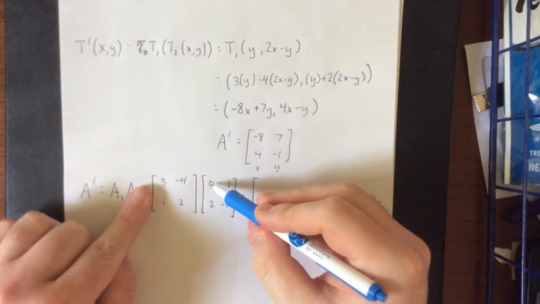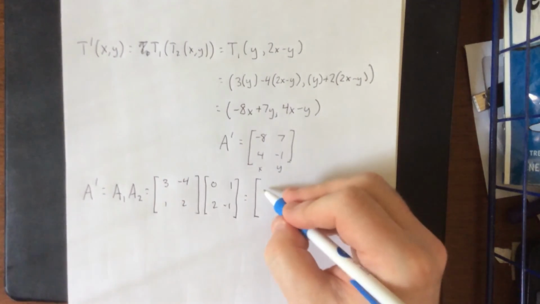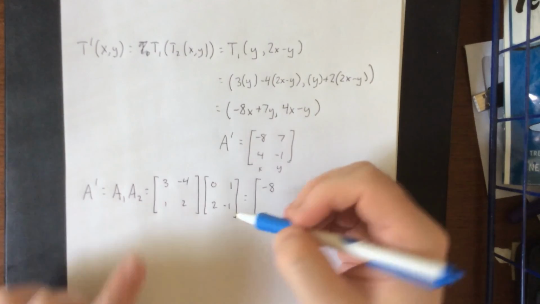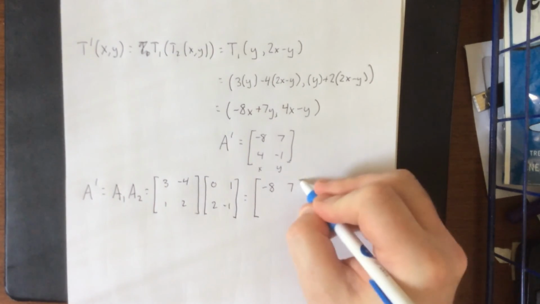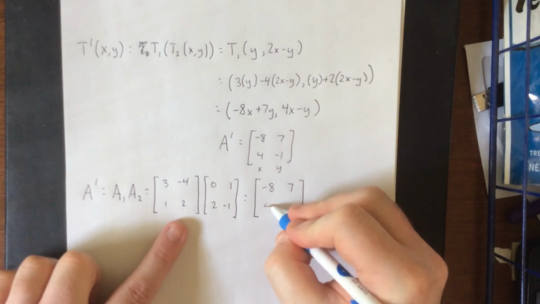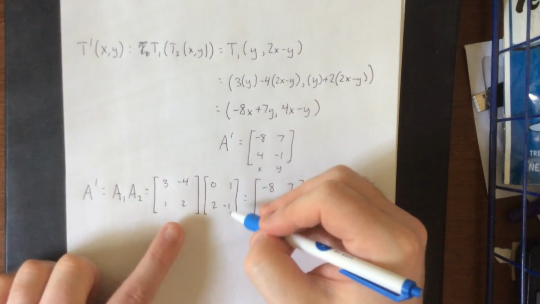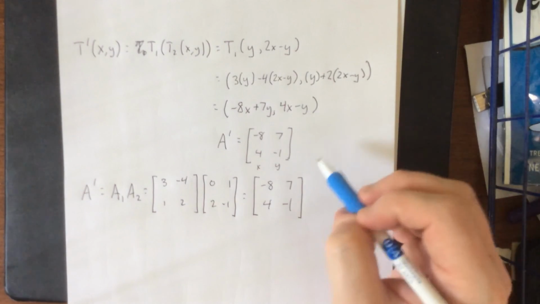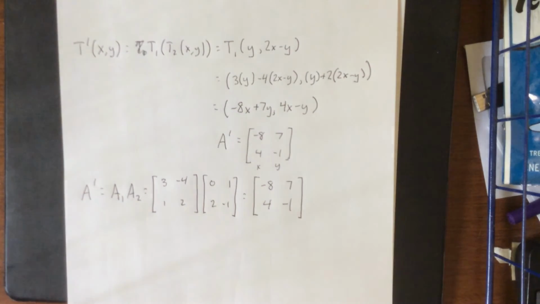So we do 3 times 0 plus negative 4 times 2, that'll be negative 8. 3 times 1, and then negative 4 times negative 1, that'll be 3 plus 4. Now 1 times 0 plus 2 times 2, and 1 times 1 plus 2 times negative 1. And we wind up getting the same result as what we had gotten by interpreting the composition. So 2 different methods for finding matrices of a composition of transformations.